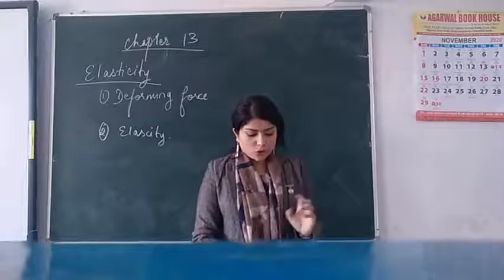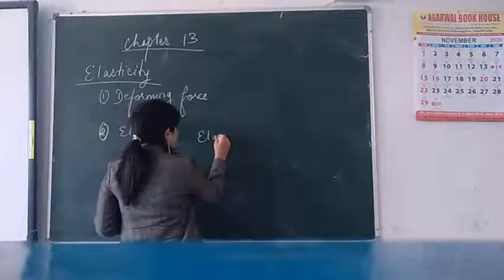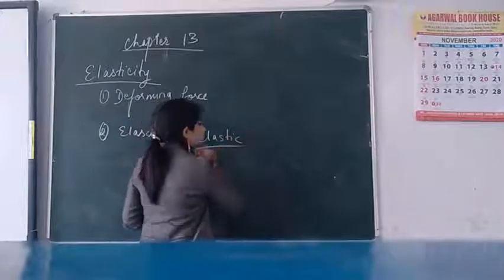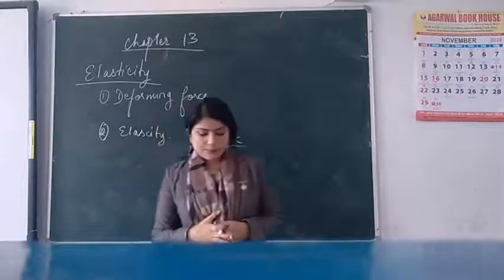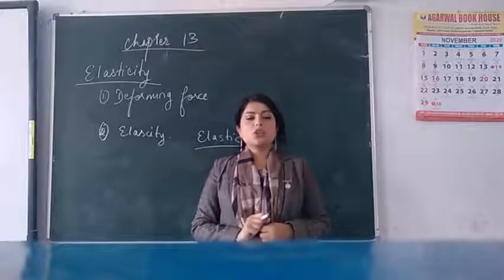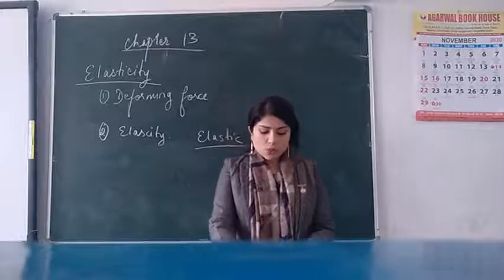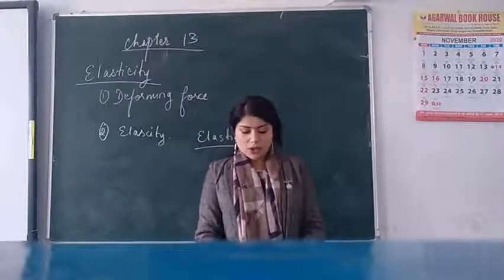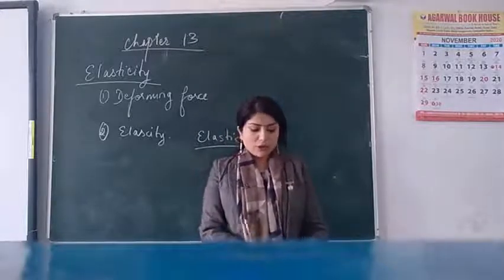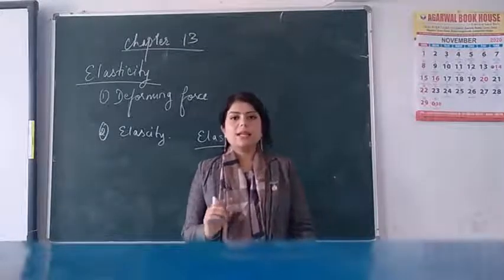So there are a few topics under elasticity. One is the elastic body. Now, what kind of a body is elastic? Elastic is that type of material which can restore its shape. The bodies which recover completely their original state on the removal of the deforming force are called perfectly elastic.